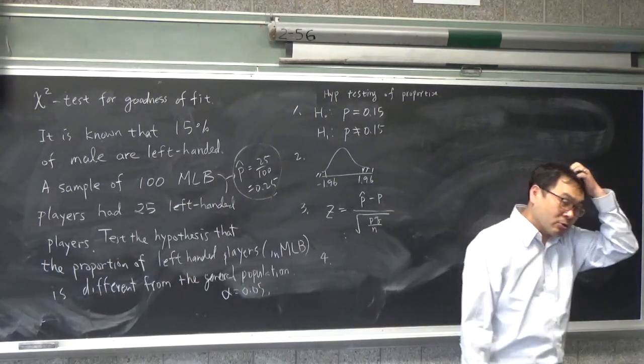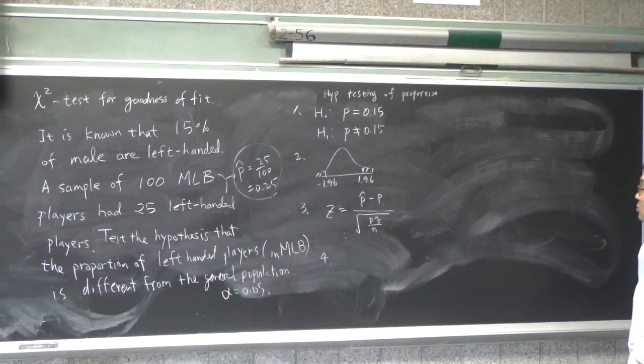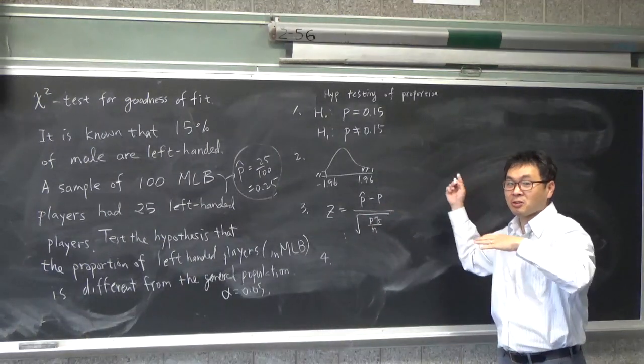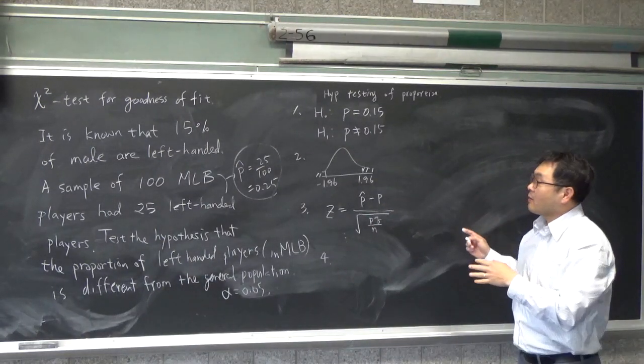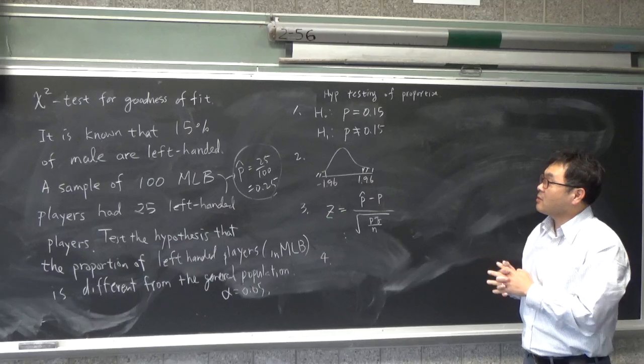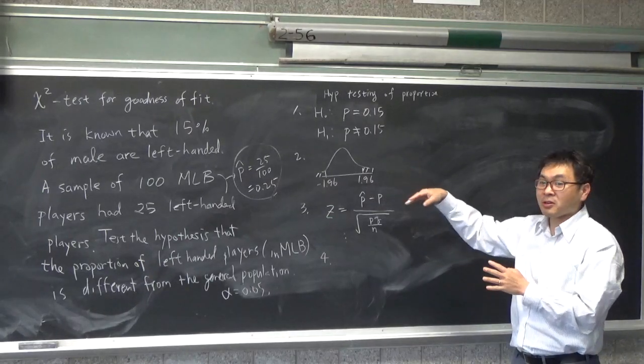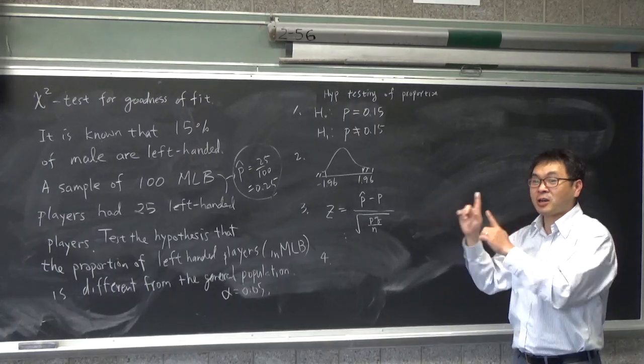Now let me show you another way to view the same question. Now you might be asking, if we already know how to do it in one way, why bother doing the other way? Well, the thing is, the chi-square test can be used for cases where you don't have just two kinds of proportions.